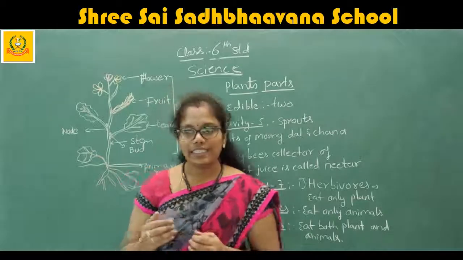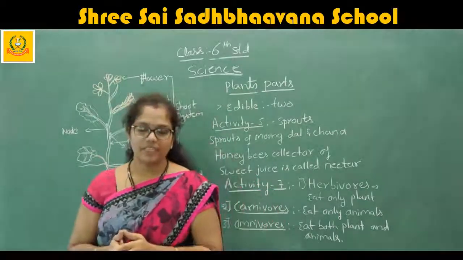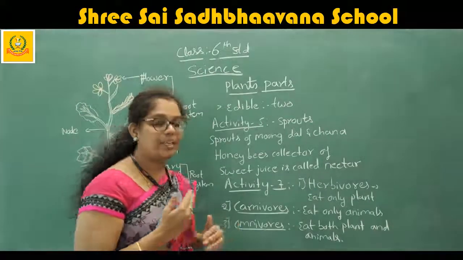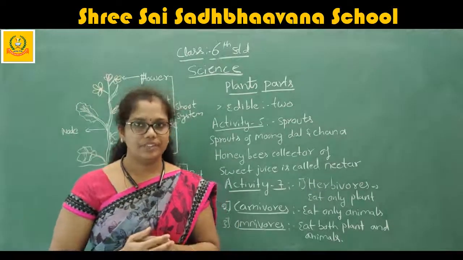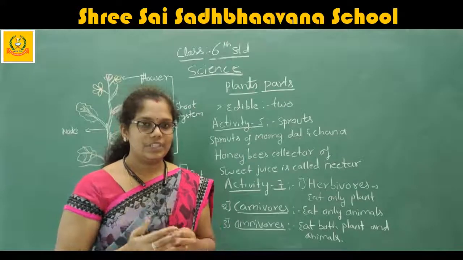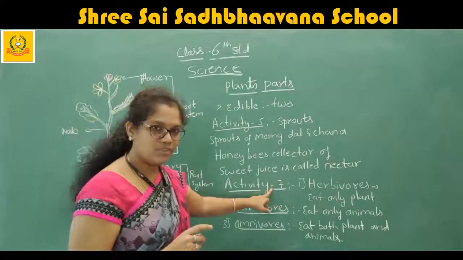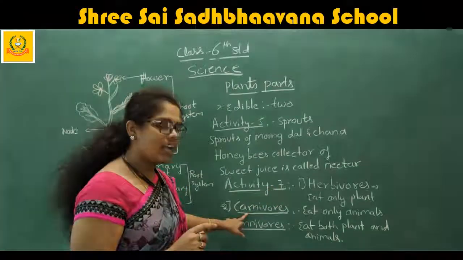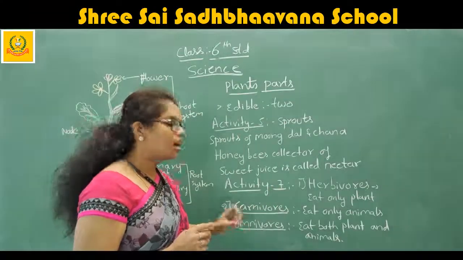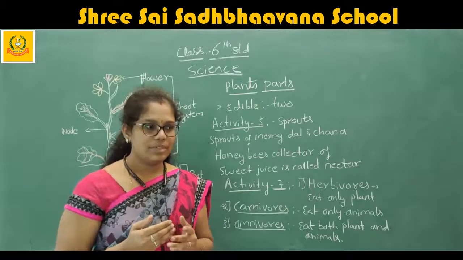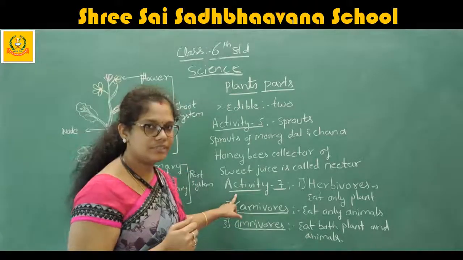These are the three important classifications of animals depending upon the food. First one is herbivorous, second one is carnivorous, and the third one is omnivorous.